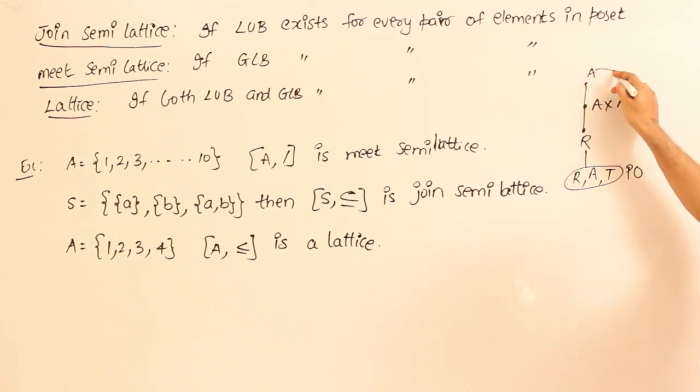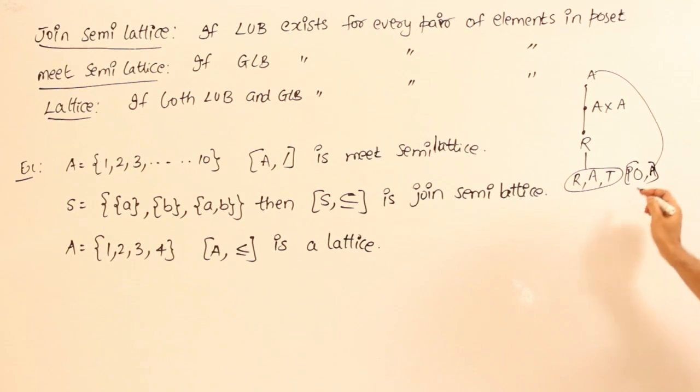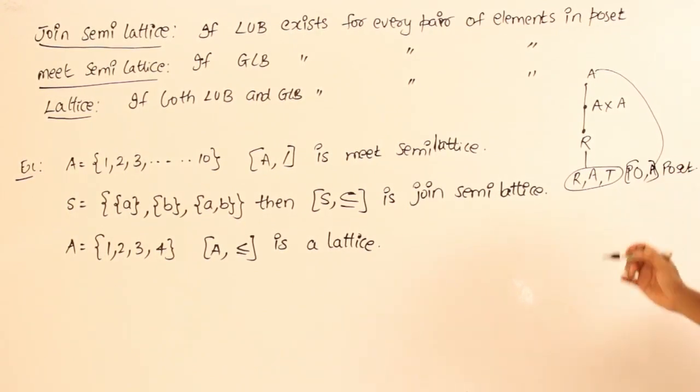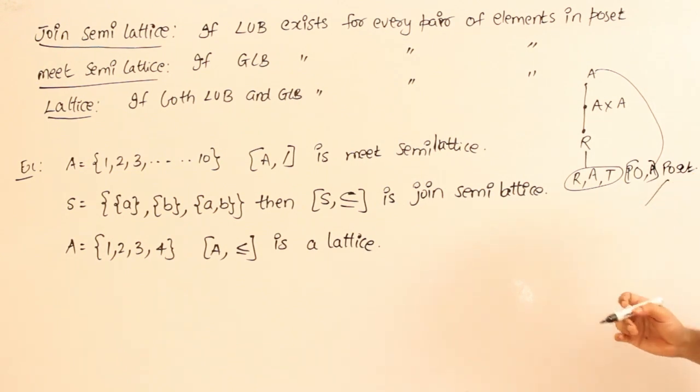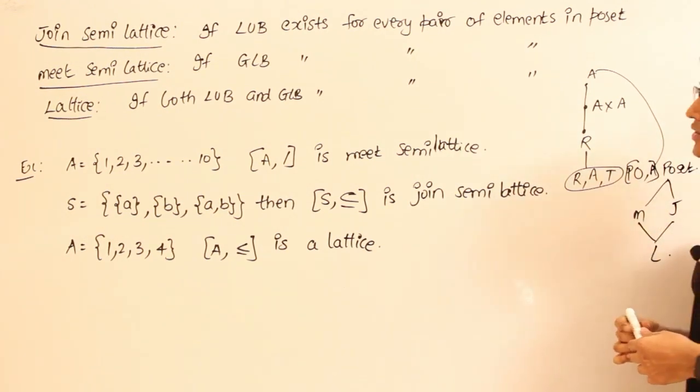A set along with a partial order relation is called a poset, right? And now we are talking about when a poset is going to be a lattice. A poset can be a meet semi-lattice or a join semi-lattice, or it need not be anything. And if it is both meet and join, then it is going to be a lattice. Okay, don't get confused here.